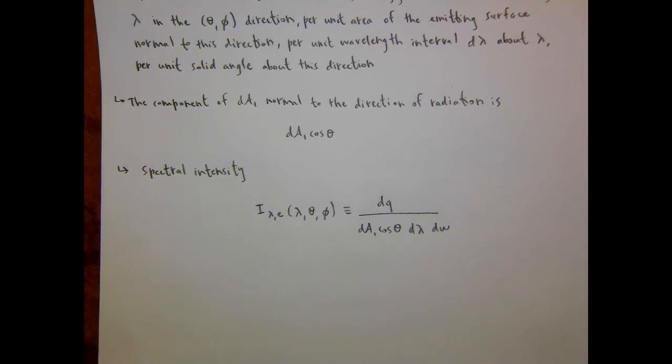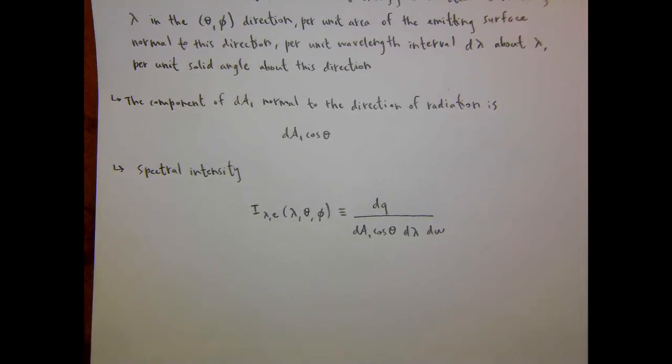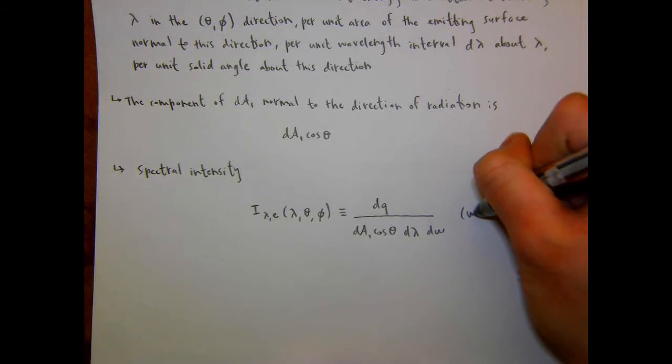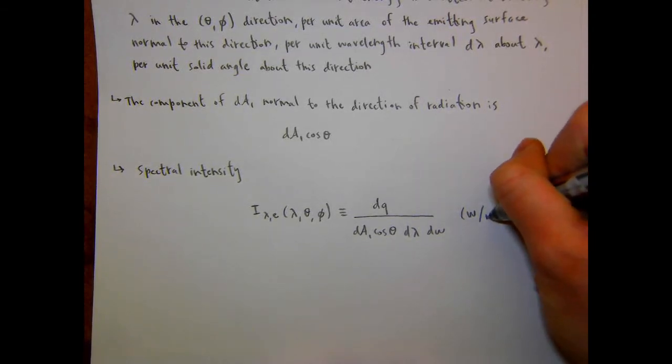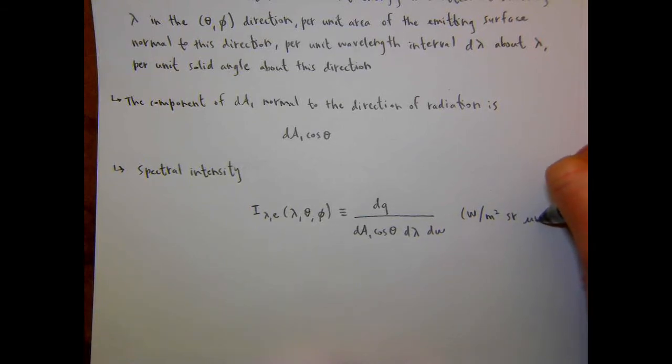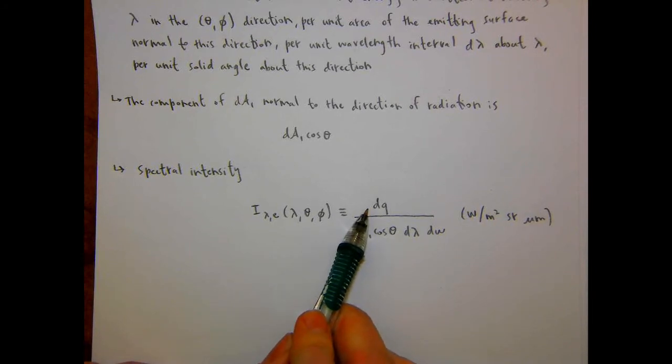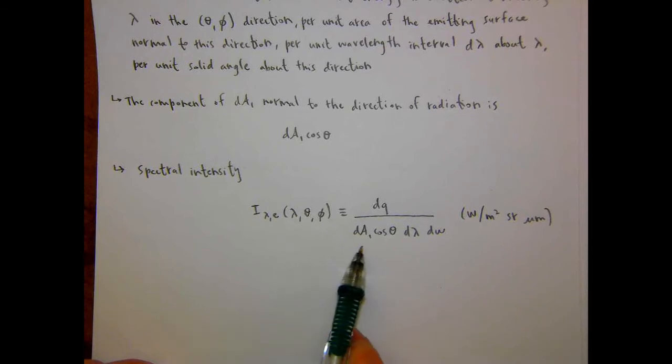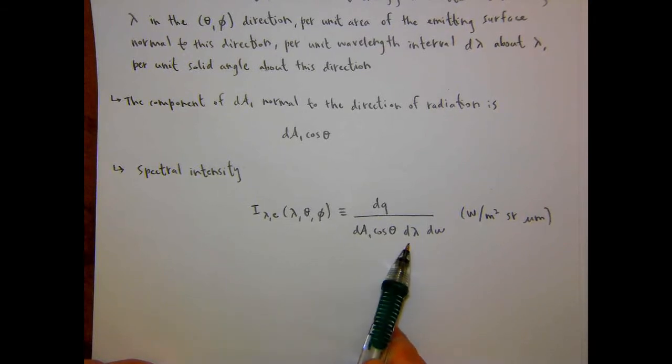So that's the mathematical definition of spectral intensity. And it's going to have units of watts per meter squared steradian micrometer, which just comes from Q being a rate of heat transfer, so watts per meter squared steradian micrometer.